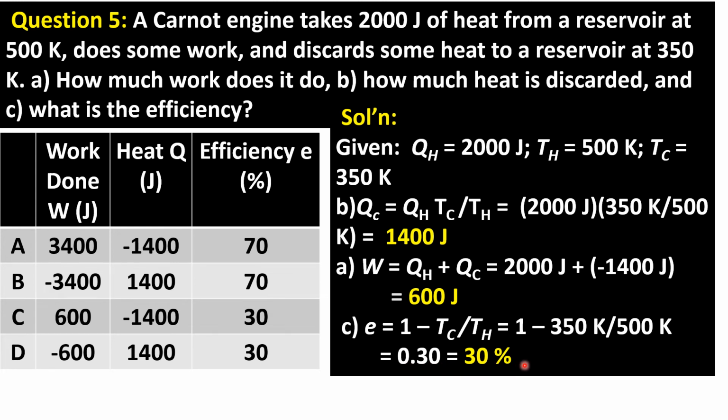So which among the options in the table is the correct answer? So the work done has to be 600 joules. There it is. And the value for Q must be negative 1400. And the efficiency is 30. And therefore, our answer must be letter C.